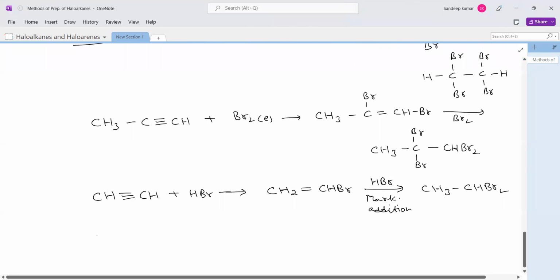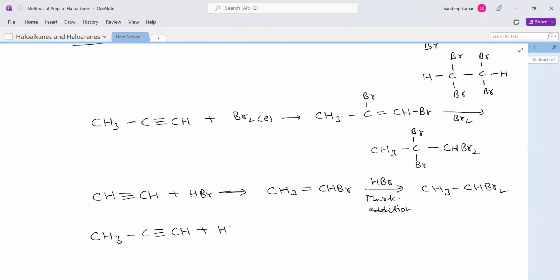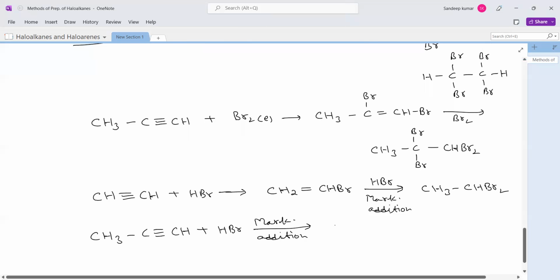And if we have an unsymmetric alkyne with a different number of hydrogen atoms, the addition follows Markovnikov addition from the first step onwards, leading to the formation of an addition product.